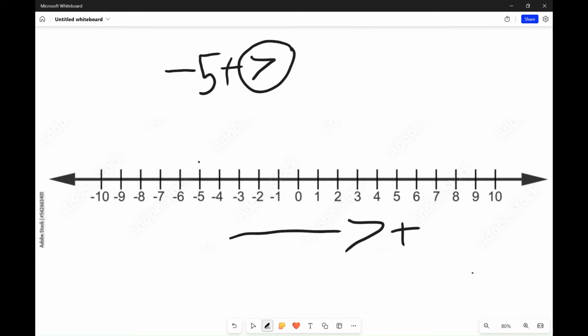So, we're going to add 7. 1, 2, 3, 4, 5, 6, 7. So the answer is 2.